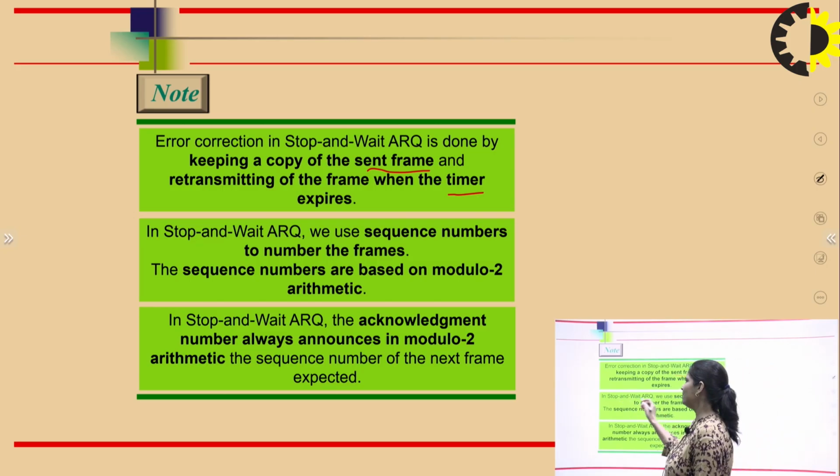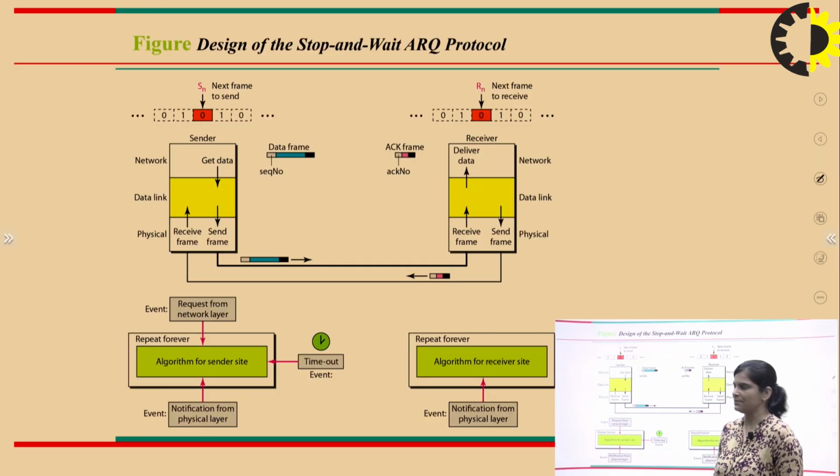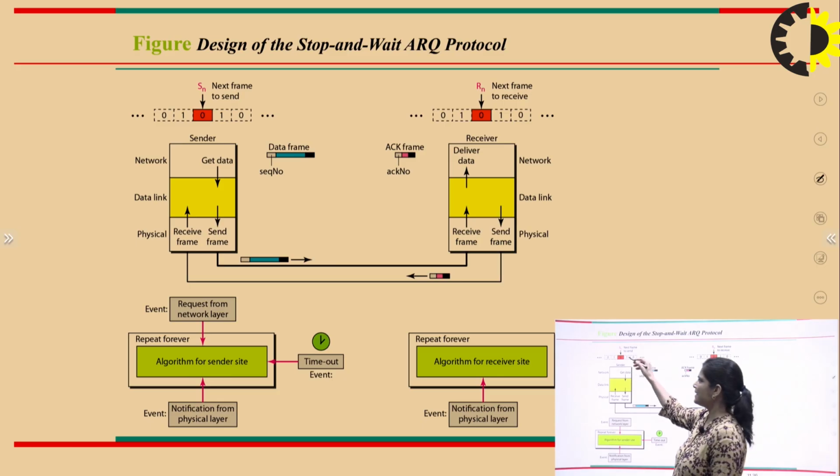Now in stop and wait ARQ, we will discuss sequence numbers for the frames. The sequence numbers are based on modulo 2 arithmetic, and in stop and wait ARQ, the acknowledgement number always announces, in modulo 2 arithmetic, the sequence number of the next frame expected. Now in the next stop and wait ARQ, this is a sender, this is a receiver.